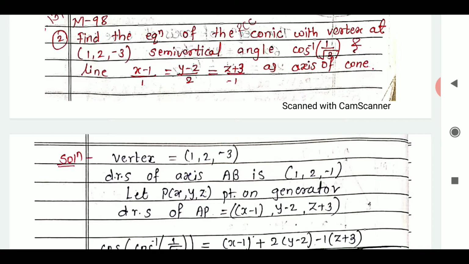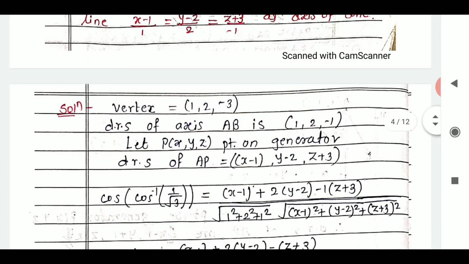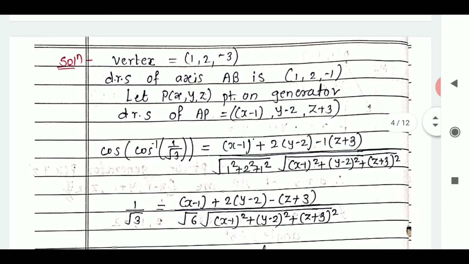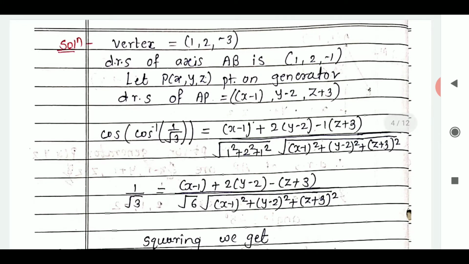Now if you know all these things, first we take P of xyz to be any point on the generator. Here A is the fixed point, which is the vertex, 1, 2, minus 3. Now if we take P of xyz to be any point on the generator, then we write the direction ratios of AP.